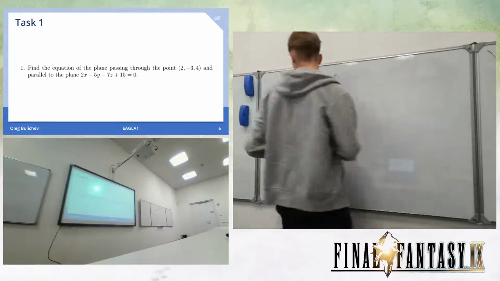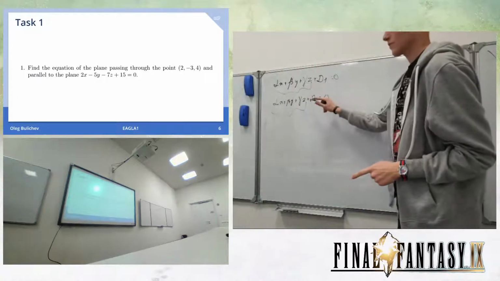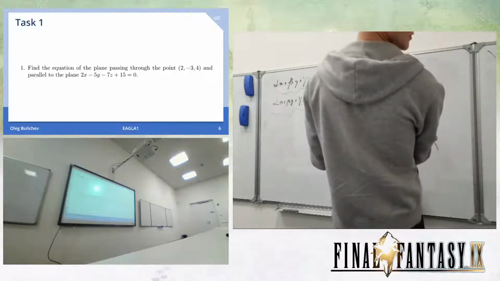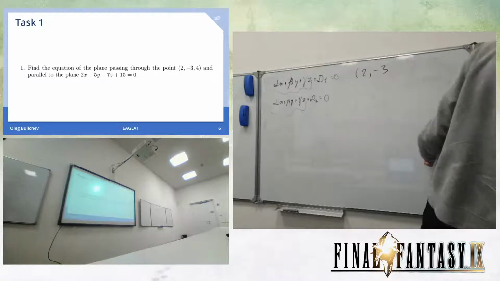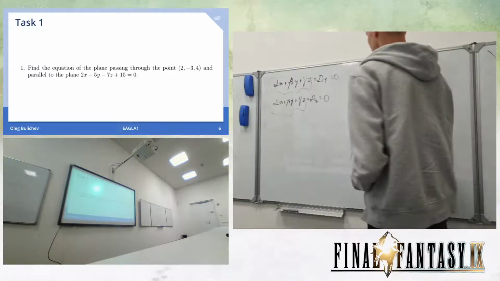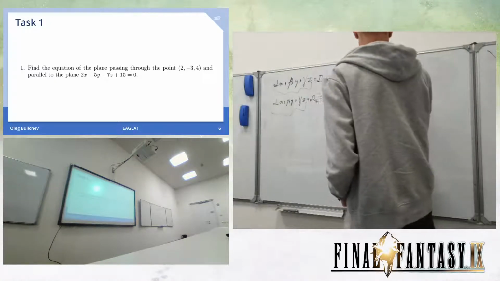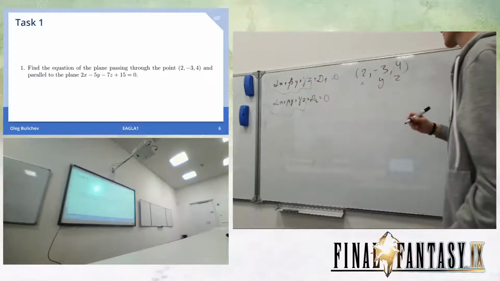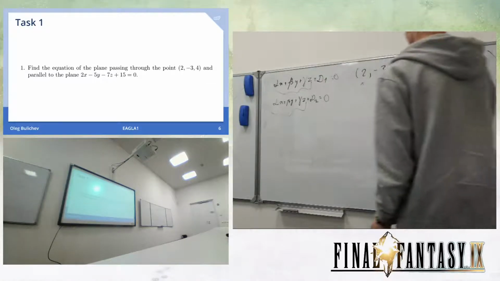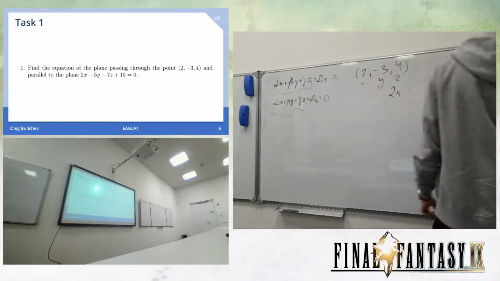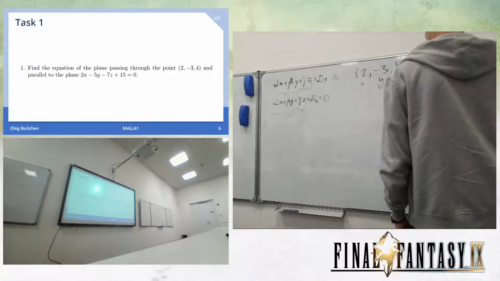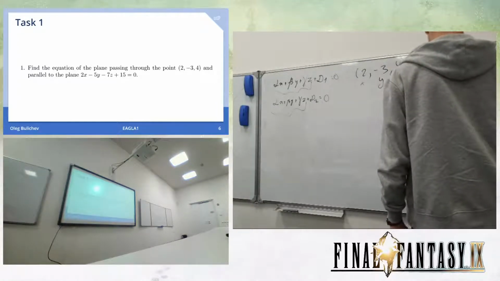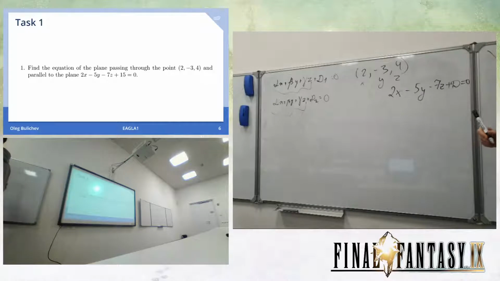So we know that it's equal path for paths. So we have point 2, minus 3. Now we can substitute x, y, z in the 2x minus 5y minus 7z plus d, because the only coefficient we don't know is d.